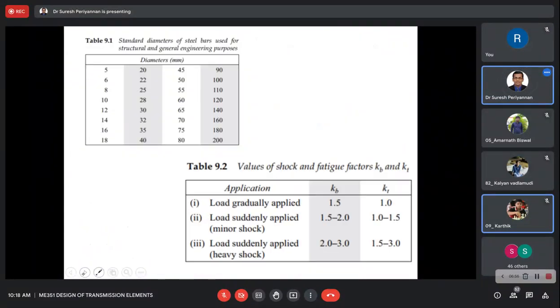Okay. Now, we discussed that when the load is gradually applied, KB is equal to 1.5 and KT is equal to 1. Similarly, when the load is suddenly applied, KB is equal to 1.5 to 2 and KT is equal to 1 to 1.5. For suddenly applied load with heavy shock, KB is 2 to 3 and KT is 1.5 to 3.